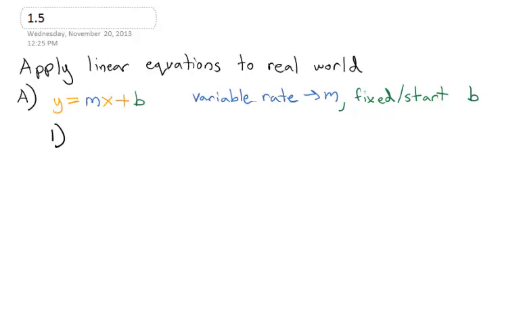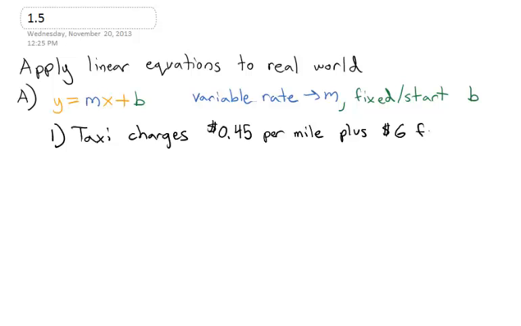So starting out with our first example, let's say there is a taxi that charges 45 cents per mile, so $0.45, plus a $6 flat fee.